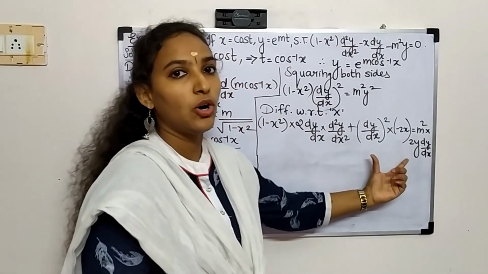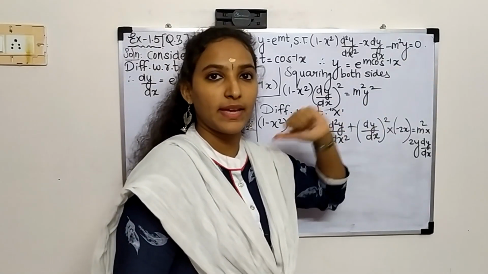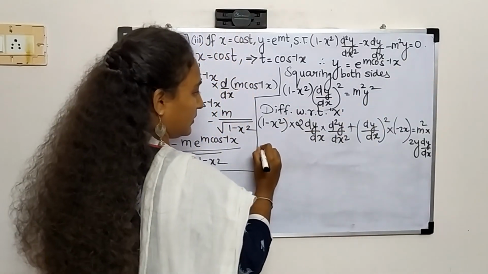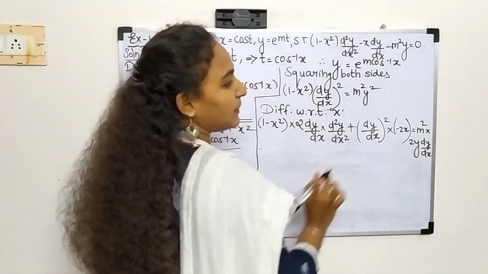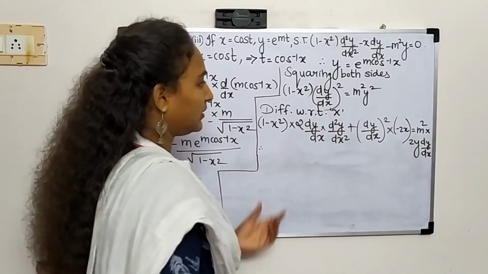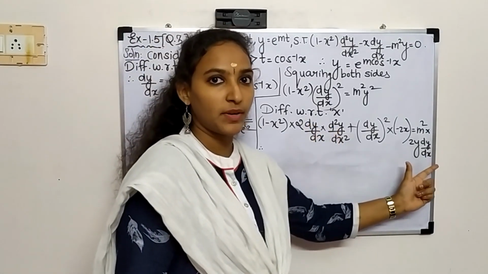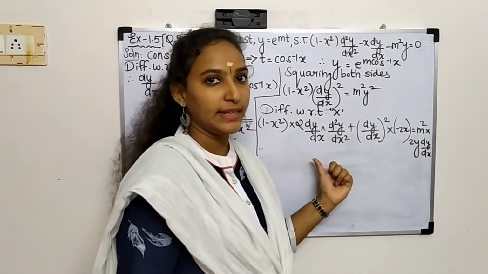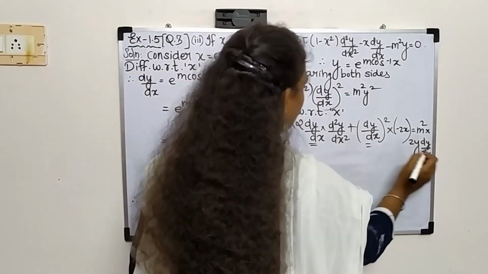Now let us collect all the terms on the LHS so that on the RHS we get a 0. Therefore, d square terms together and dy by dx terms together. You can notice that a dy by dx can be taken common from all the three terms and cancelled out.